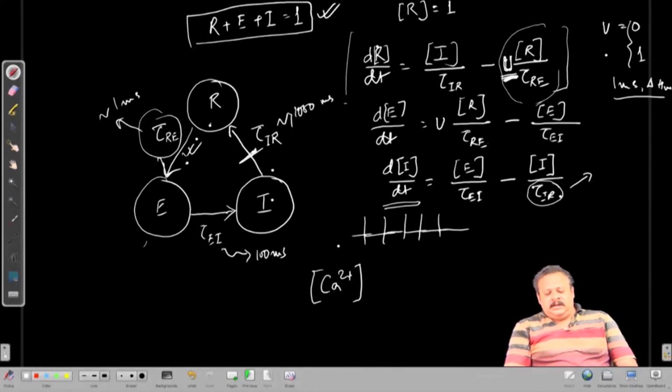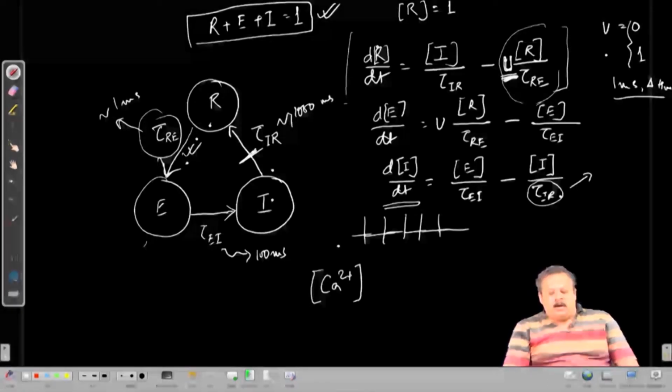So, this entire model can be further modified by qualifying that U and bringing in the calcium concentration explicitly, instead of making a 0-1 kind of transfer from recovery pool to the effective pool.